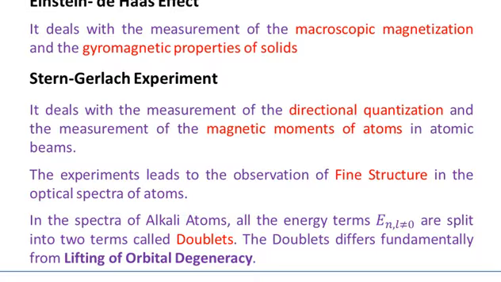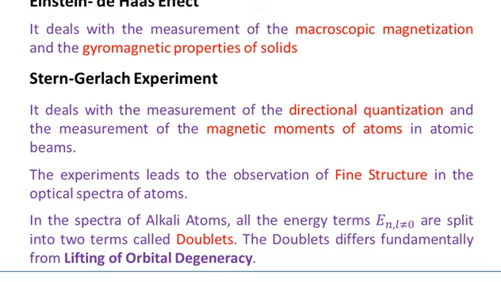It deals with the measurement of the directional quantization and the measurement of the magnetic moments of atoms in atomic beams. That is, what will happen if we apply the external magnetic field, and what is the meaning of directional quantization and the magnetic moments of an atom. These will be investigated under the Stern-Gerlach experiment.